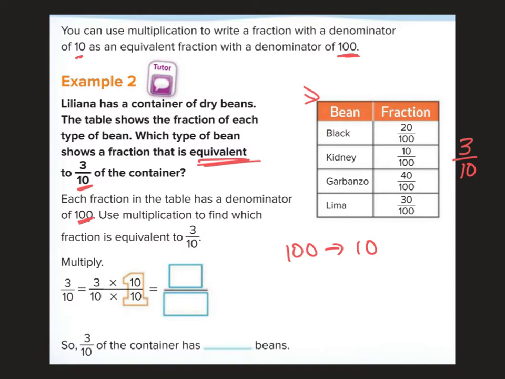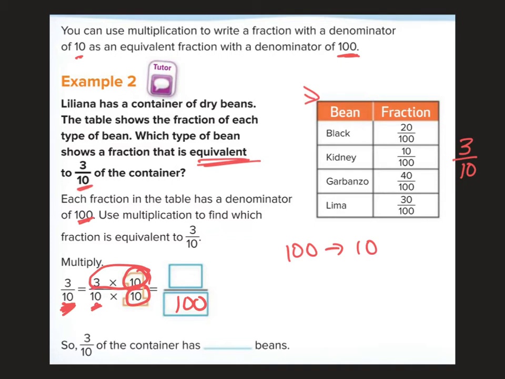So I guess in option 2, instead of dividing by 10, I can take my 3/10 and I can multiply it by 10 over 10 so that I get a denominator, or the down number, right? Denominator of 100. But if I multiply the denominator by 10, I also need to multiply the numerator by 10.